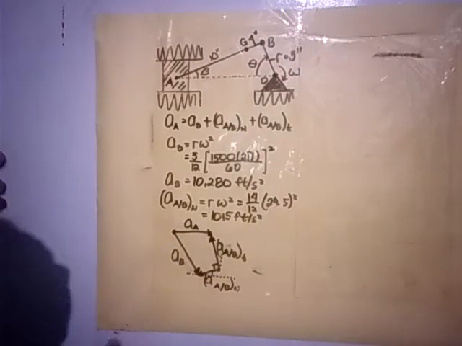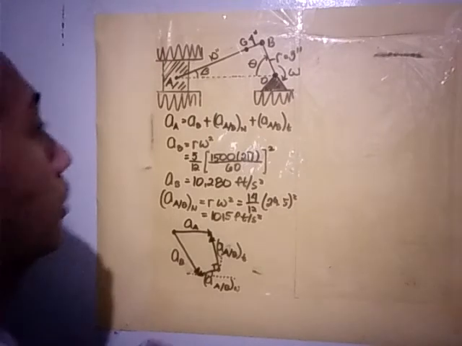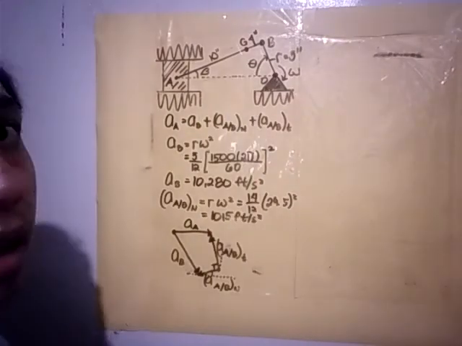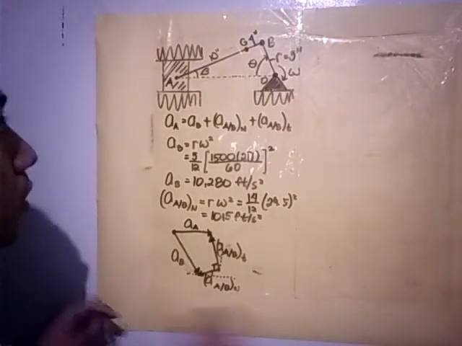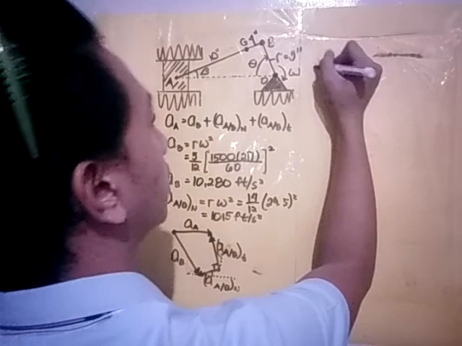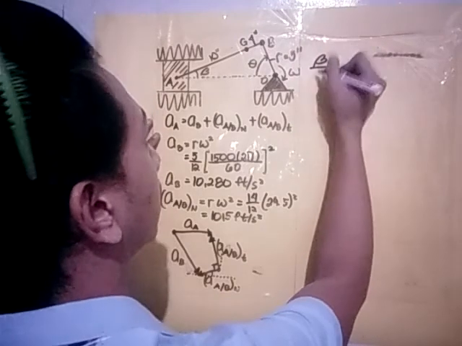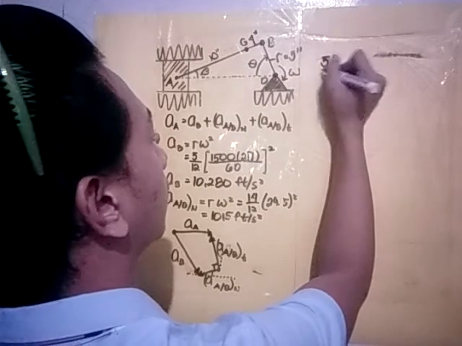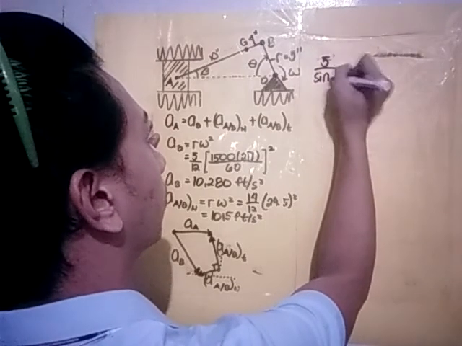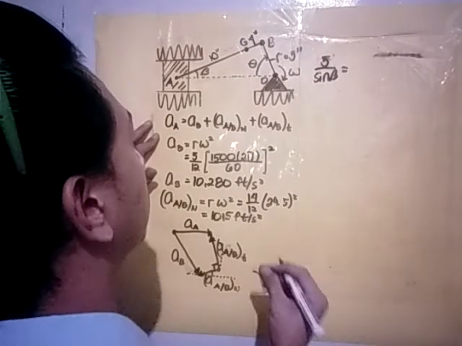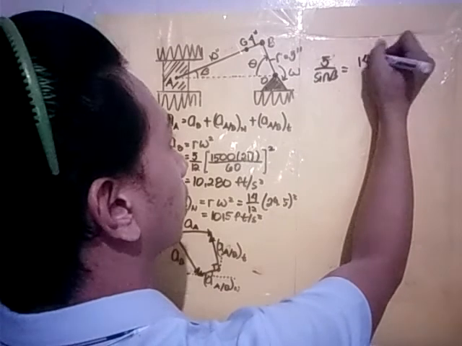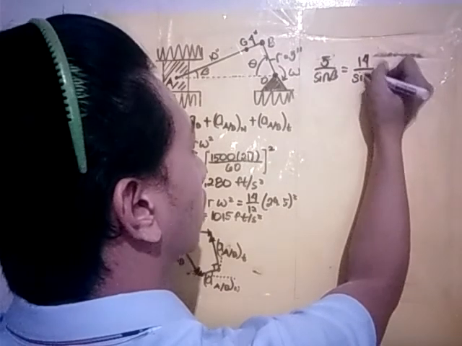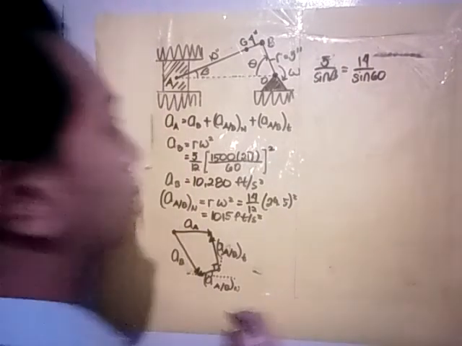So we can now calculate beta by sine law: 5 over sine beta is equal to 14 over sine 60.